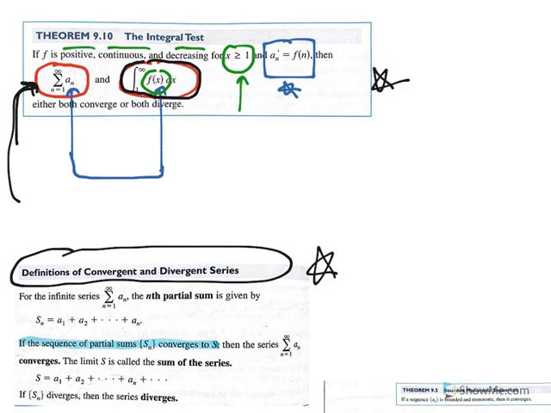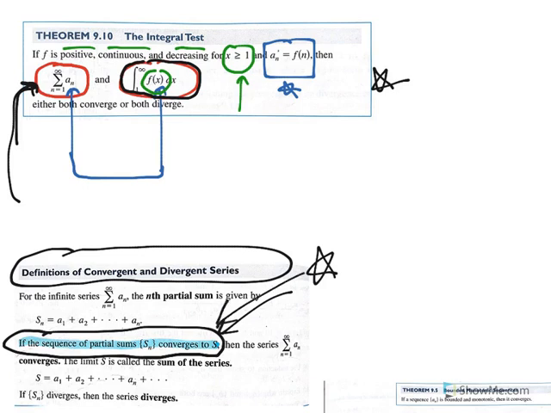And of course, in the definition of convergent and divergent series, basically we look to see if the sequence of partial sums of the infinite series converges, and if it does, then we say the series converges. So to show that an infinite series converges, you have to consider the sequence of partial sums. And then in the proof of the integral test, you can see towards the end that how do we show that the sequence of partial sums converges?